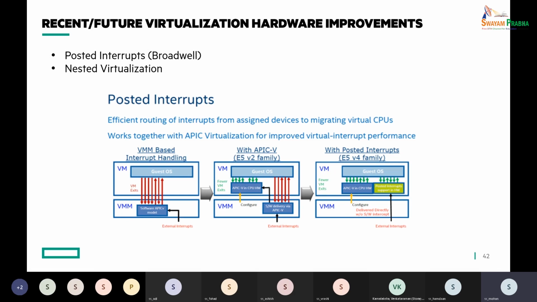The guest OS, in some pieces of code, would have turned off interrupts, but the VMM will not know that unless it traps and emulates every such access, which is again a performance overhead. So instead, this APICv approach streamlined things, because all the VMM had to do was update the APICv, and then the APICv would ensure that the guest OS gets the interrupt when it is ready to receive it.